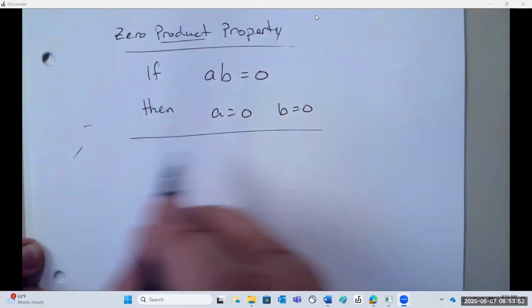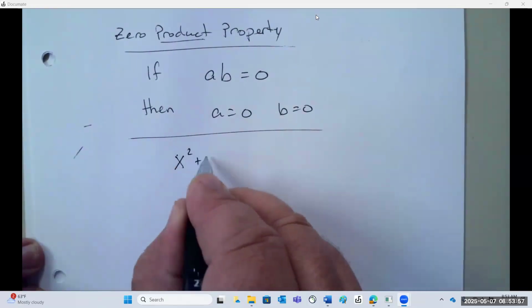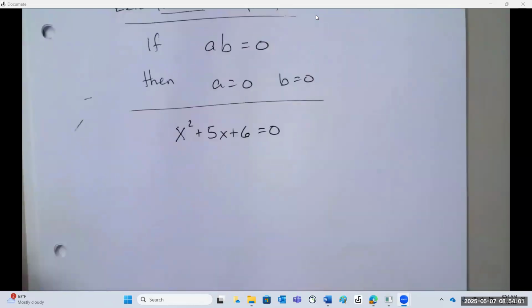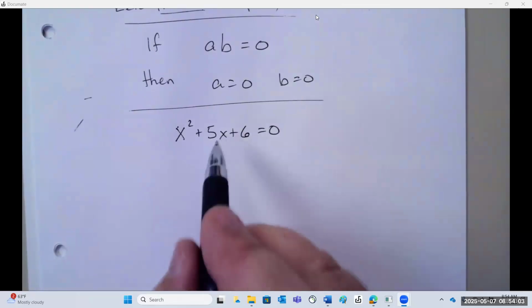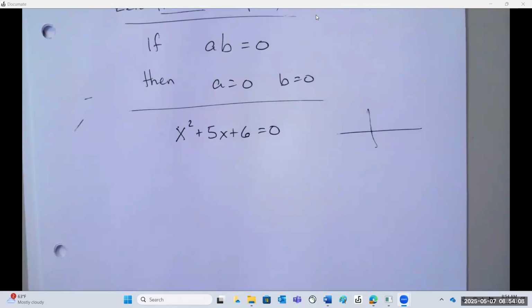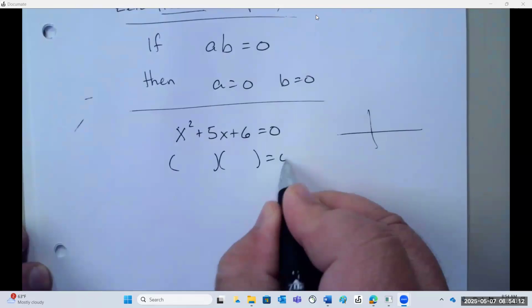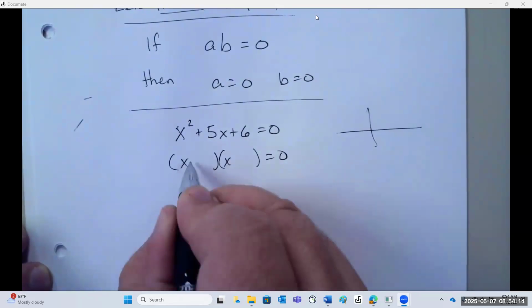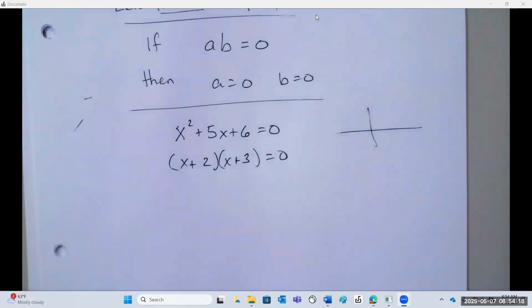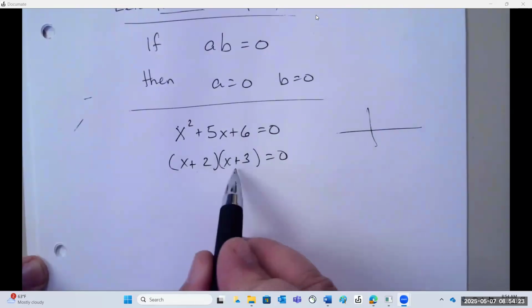When do you use this? In algebra. If we want to know where this equation crosses the x-axis, we would factor it. We would get x plus 2 and x plus 3. Since the whole thing equals 0, this is A times B equals 0.